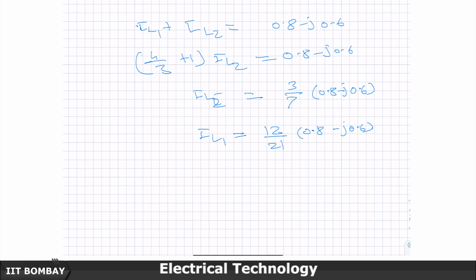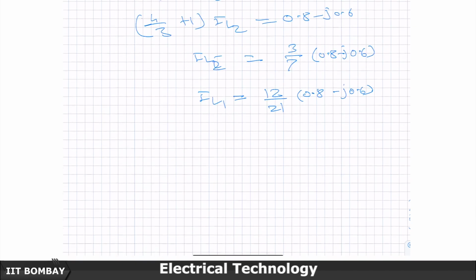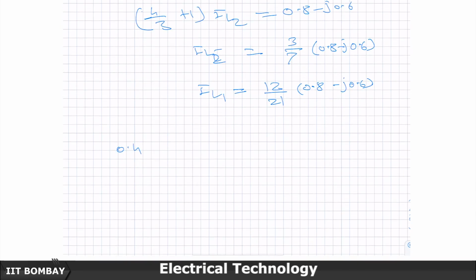Ideally, if the two transformer impedances were equal, with equal leakage impedance, the current sharing should have been half on both, so 0.4 minus j0.3 each.